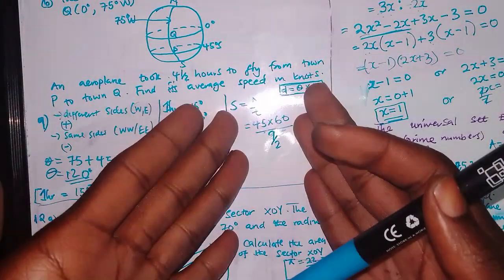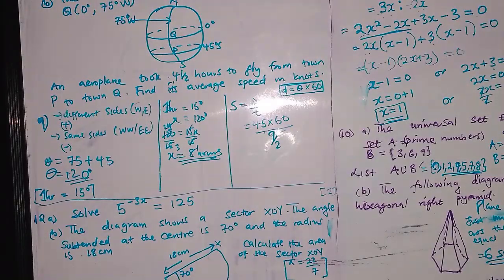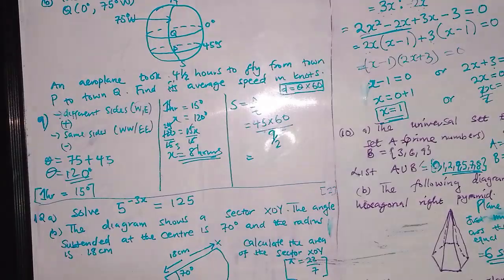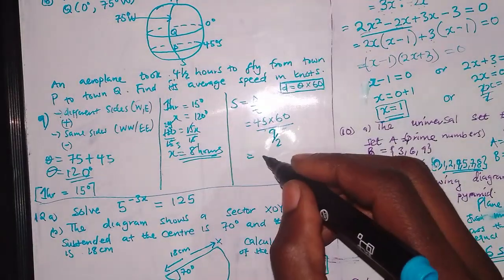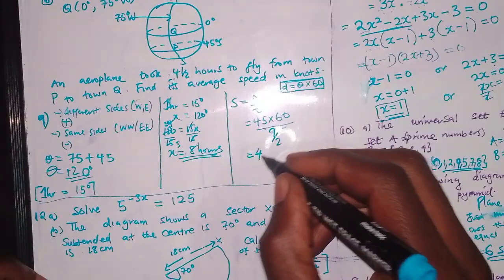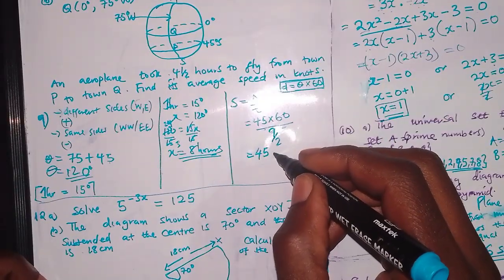Now that you have written like this, remember you have to divide. You don't have a calculator, so you have to use some tricks and tips. So here you say now 45. Don't multiply in paper 1. I'll tell you when to multiply.